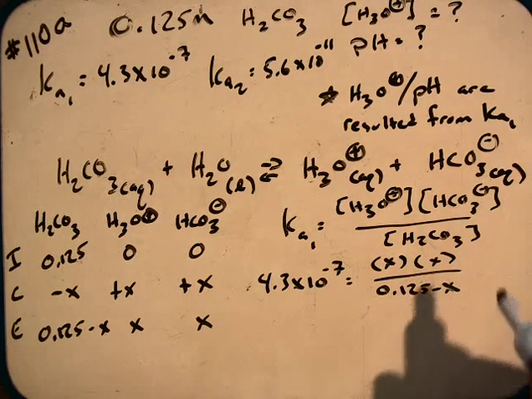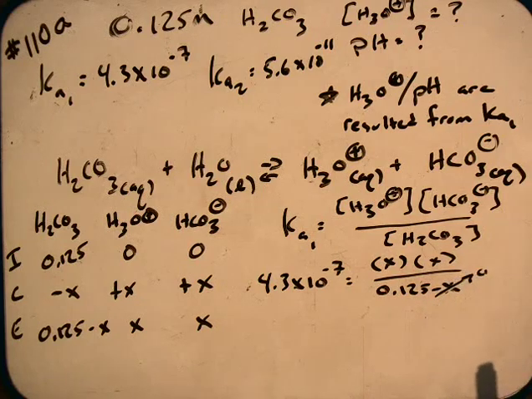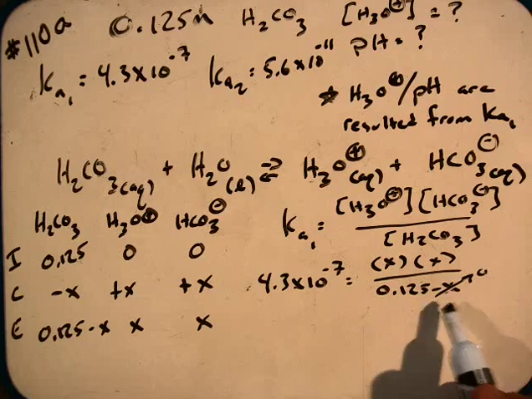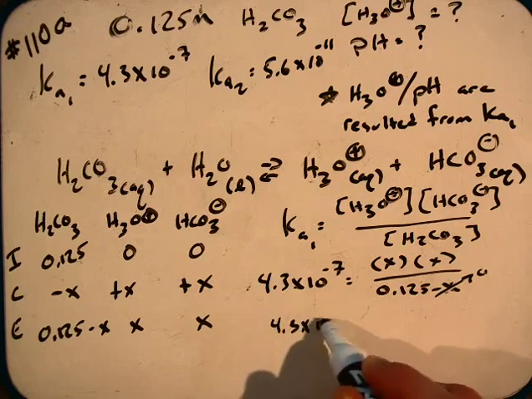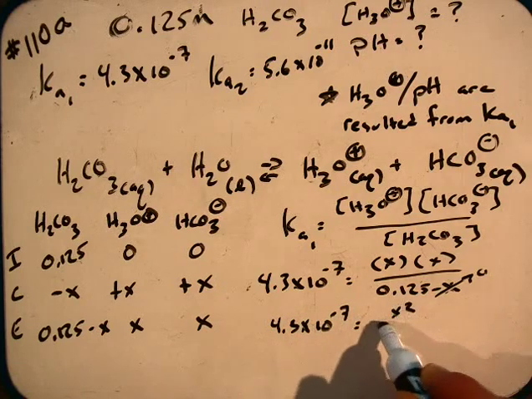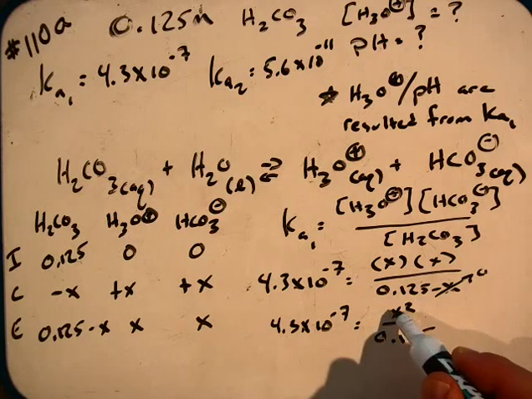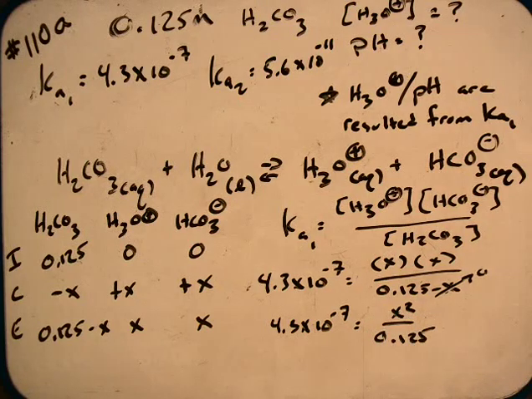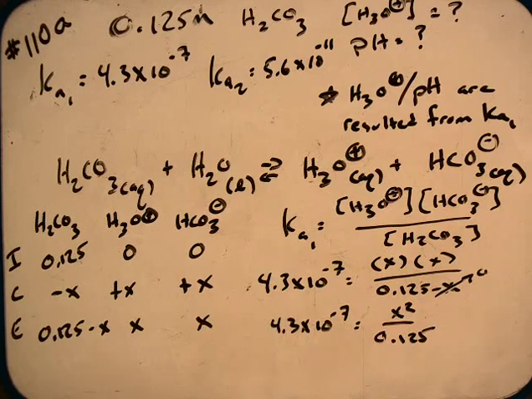We can simplify this. Since Ka is small, we can say that the change relative to an initial starting material concentration would be negligible. And so we can say the x in the denominator is going to go to 0 as a result. And when we simplify, we get the Ka equal to x squared over 0.125. So we do some manipulation here.